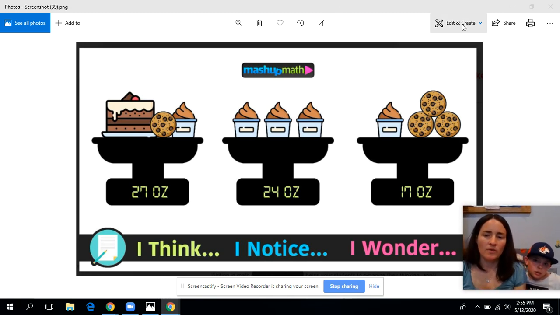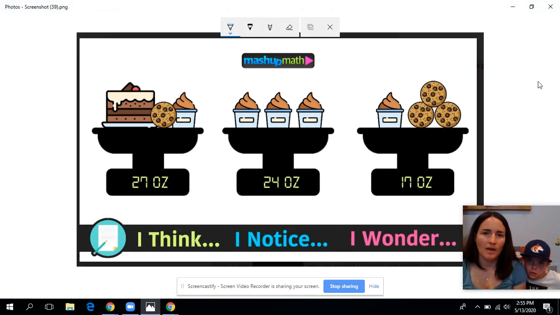Yeah. For those of you at home, once you've decided what you notice and what you wonder about this, we're going to see if we can actually solve and see how much each of these food items weighs. Patrick's going to talk us through that. If you need to pause, go ahead and do so. Otherwise, we'll see what Patrick comes up with here.